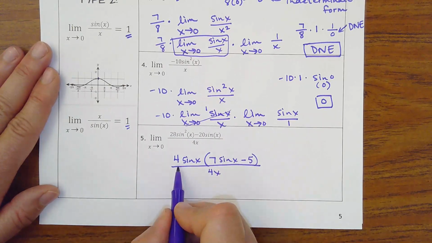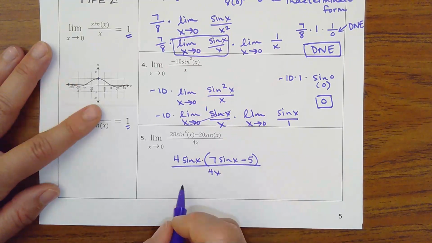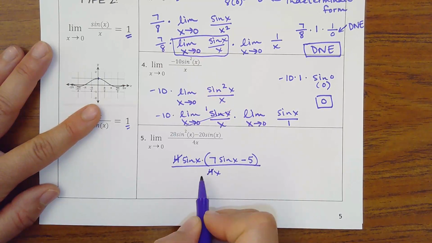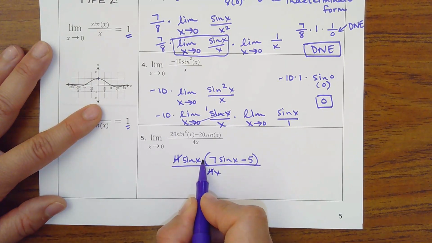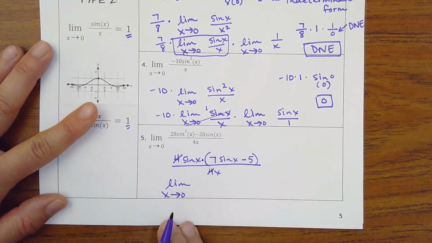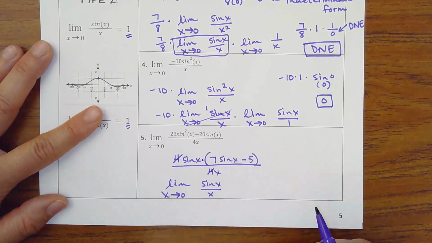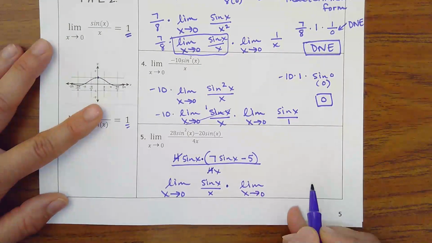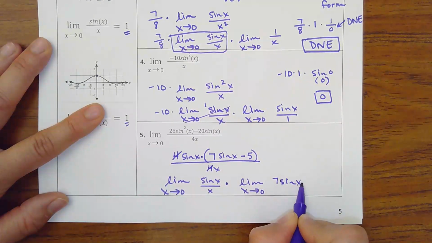Okay. Then I'm going to take out my 4 divided by 4 to cancel. So see the sine of x over x? I can just split this here because there's multiplication. So I'm going to have a limit as x goes to 0 of sine of x over x times my limit as x goes to 0 of 7 sine x minus 5.